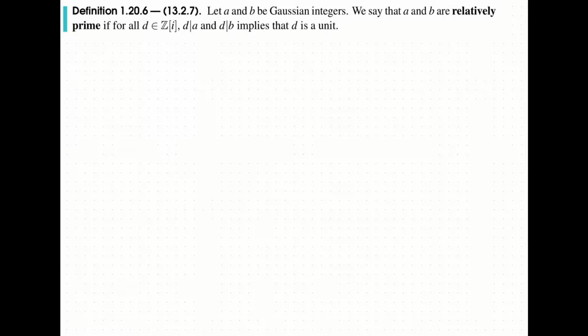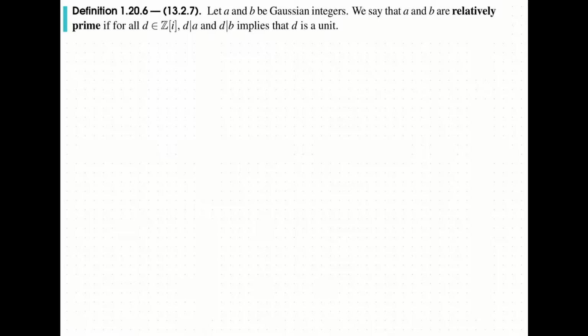We no longer have that ordering, and so we do the next best thing. We say that two Gaussian integers a and b are relatively prime if for every Gaussian integer d with the property that d divides a and d divides b, then d is a unit.